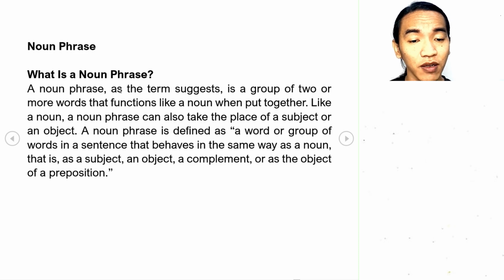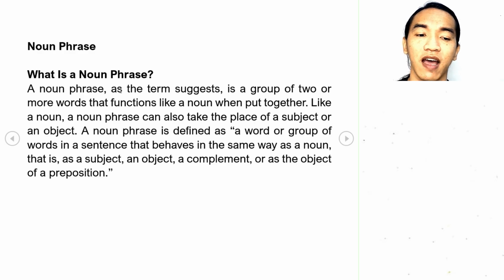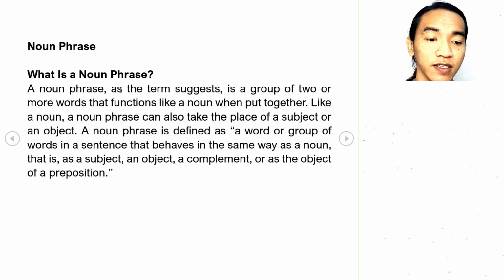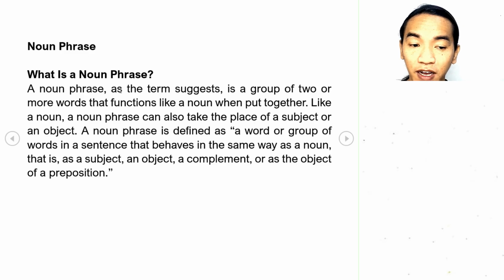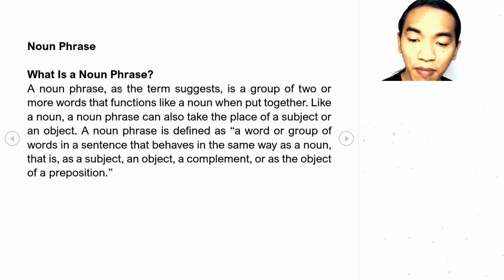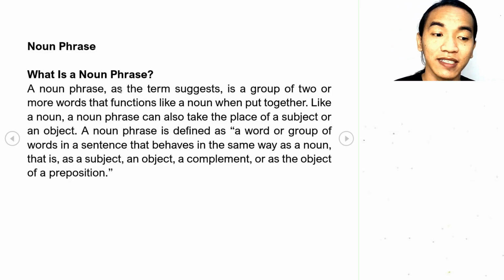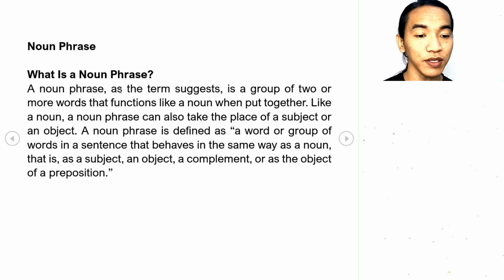Now, let's start with our noun phrase. Okay? What is a noun phrase? A noun phrase, as the term suggests, is a group of two or more words that functions as a noun when put together. Okay, when we combine them, they function as a noun. A noun phrase can also take the place of a subject or an object.